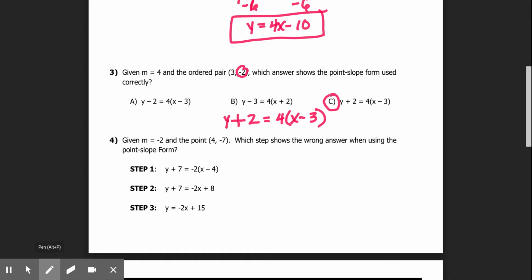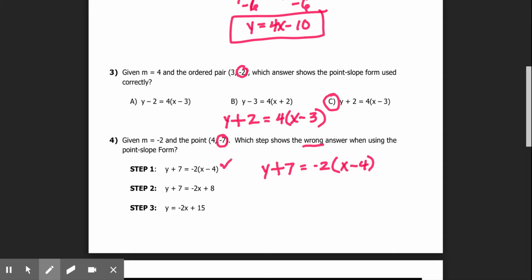Number 4, given the slope and a point, which step shows the wrong answer when using the point-slope form? So let's go ahead and write it correctly. So it'll be y minus, so remember that y value goes first. So y minus a negative 7 becomes a positive 7, equals, your slope is negative 2, and then we have x minus 4. All right, so step 1 looks good.